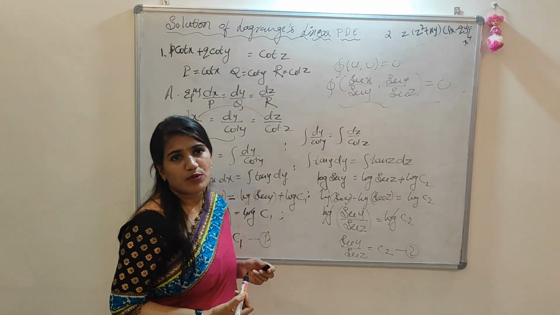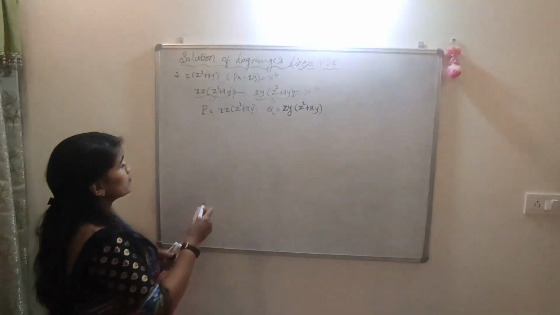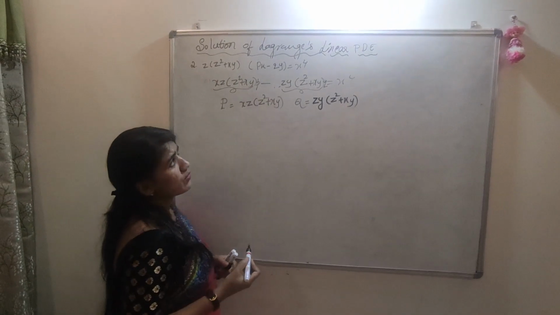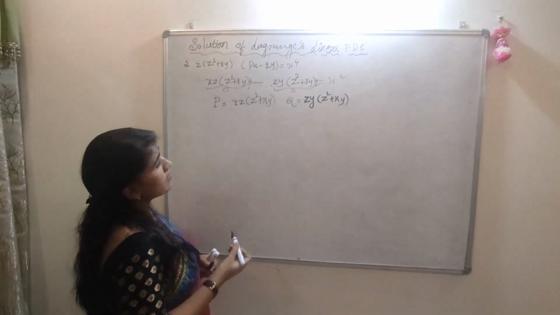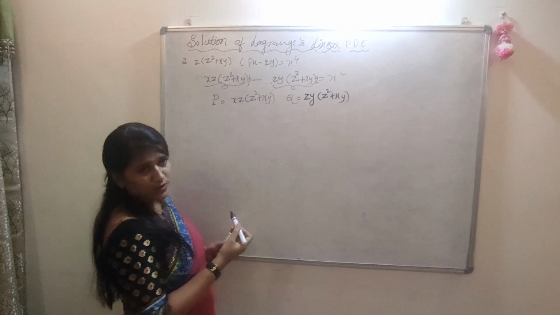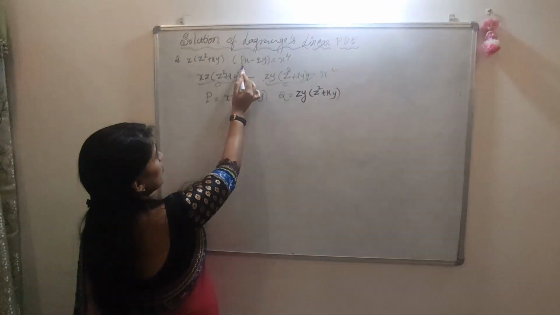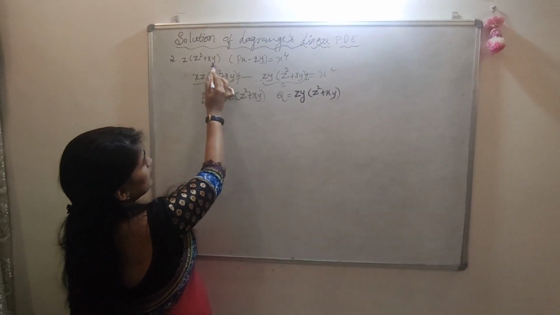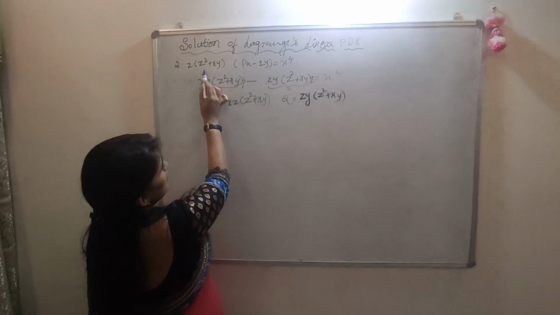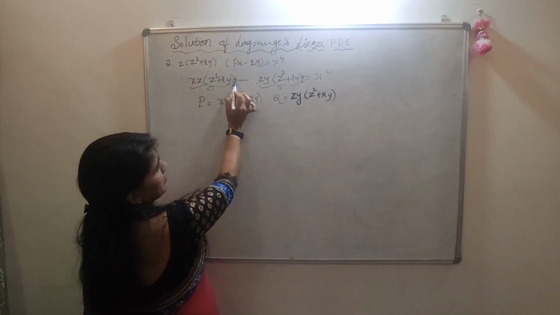Next, move on to the next problem. Yes, in the next problem, z of z square plus xy, of p of x minus qy is equal to x power 4. Here, this is not in the standard Lagrange's linear PDE, so I will put it in the Lagrange's linear PDE form. So p x into z of z square plus xy, so xz of z square plus xy, p is separately written.